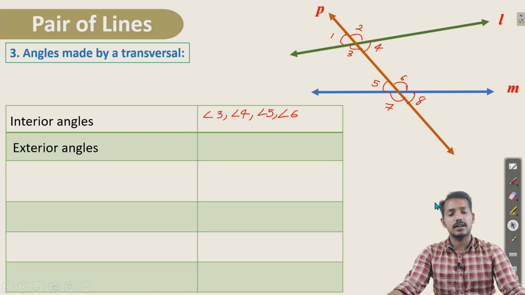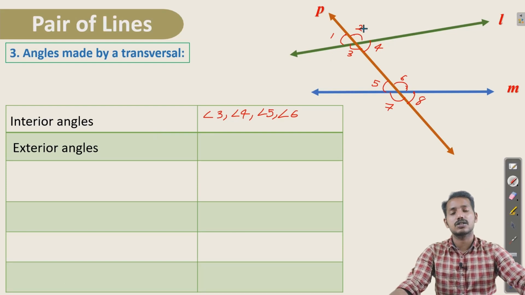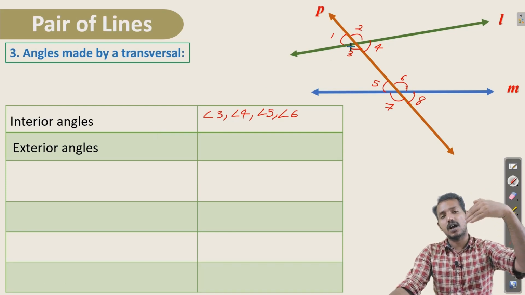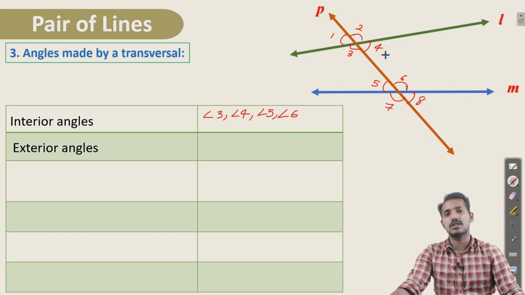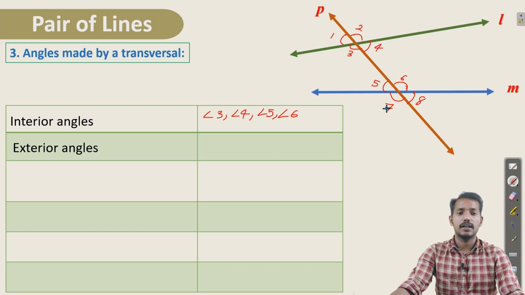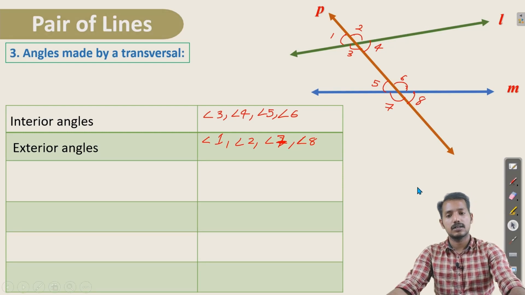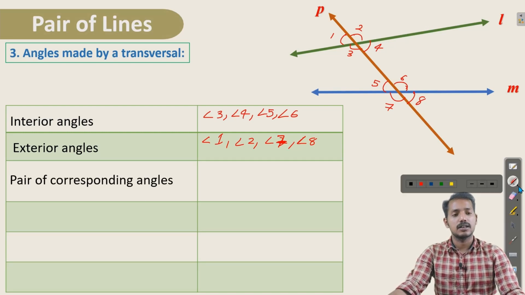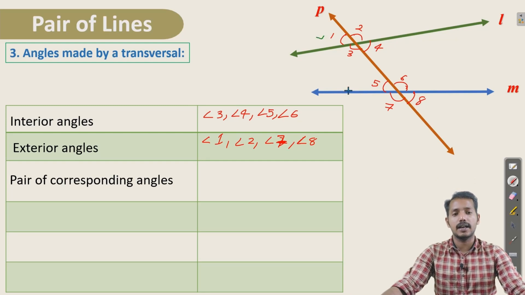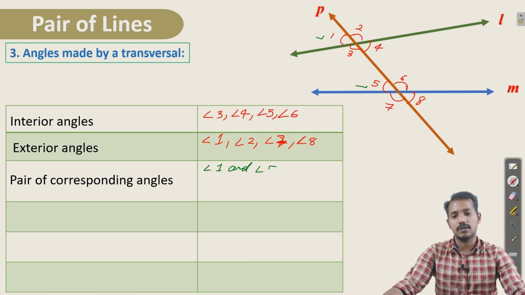Similarly, exterior angles. Exterior angles are the angles which are formed on the outside, that means in the exterior part of this section, that is angle 1, 2, 7 and 8. Next, pairs of corresponding angles. The first corresponding pair is angle 1 and angle 5.